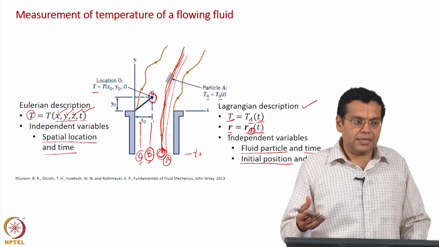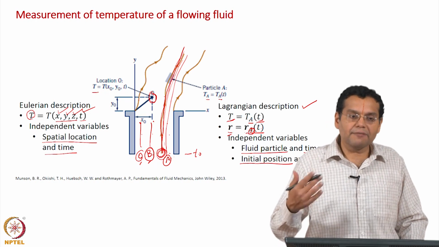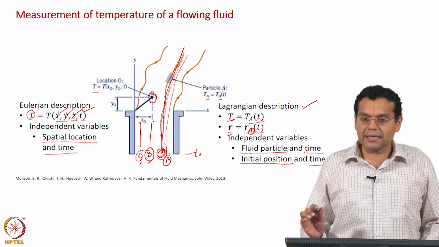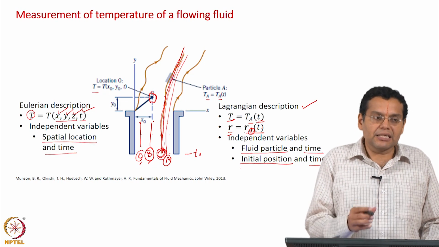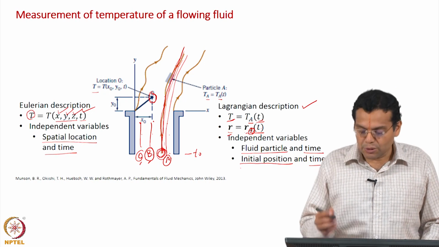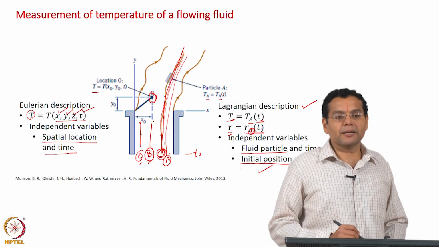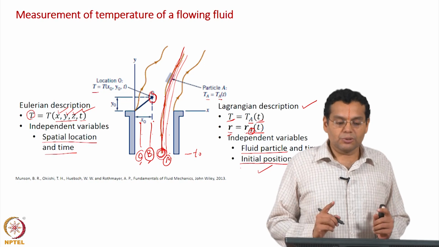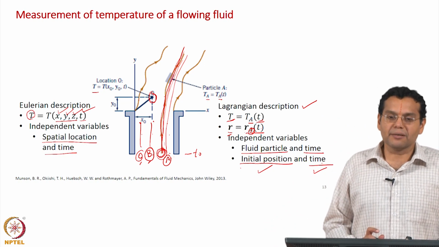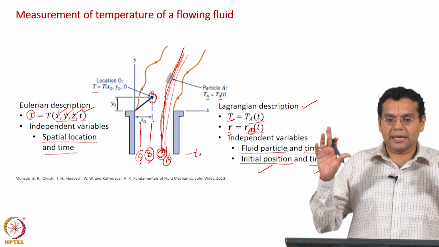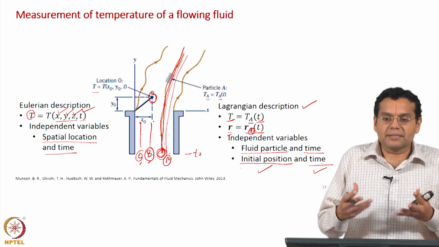So, yes, eventually the independent variables in a Lagrangian approach are the fluid particle and time, but the fluid particle is inconvenient to describe. So, we use initial position and time as the independent variables in a Lagrangian approach. It should be kept very clearly in mind that the dependent variable is the same, but the independent variables are different.